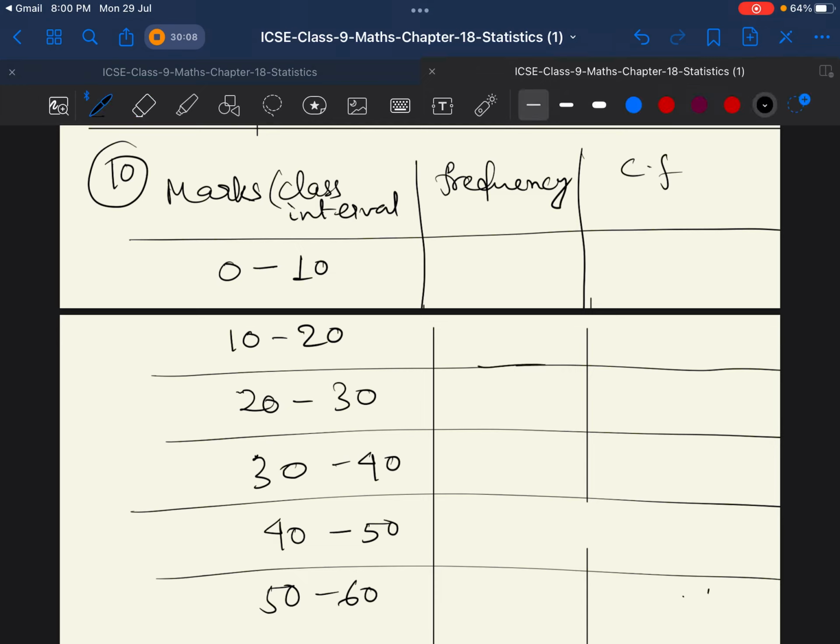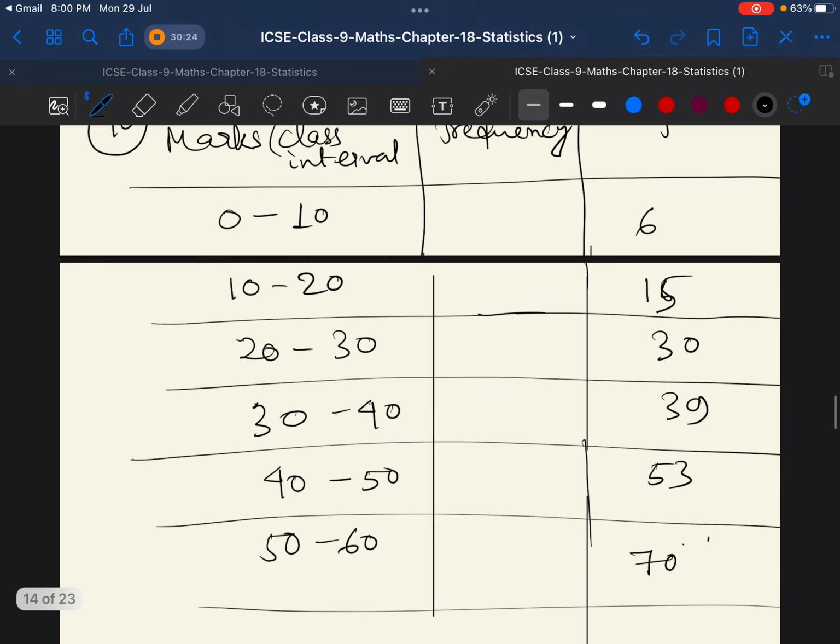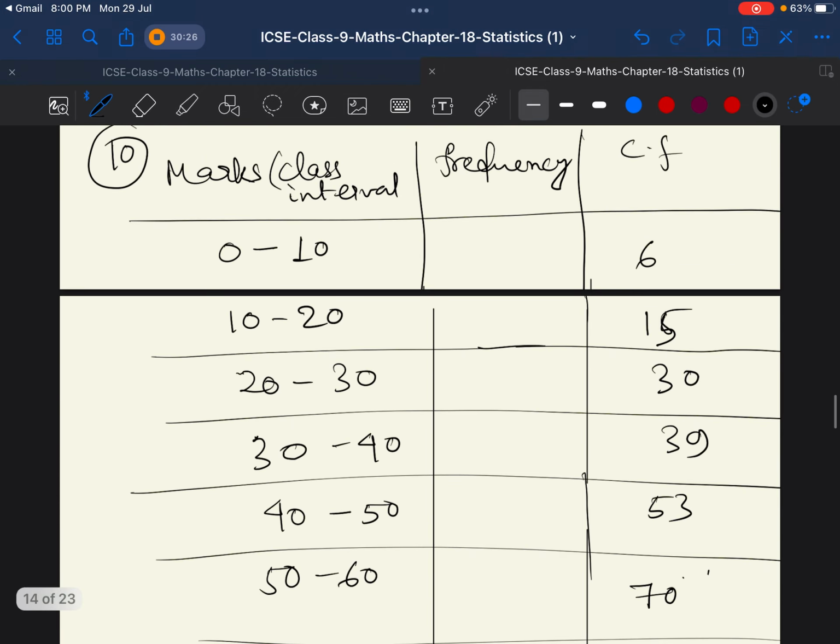So here you see the cumulative frequency is here 6, 15, 30, 39, 53 and 70. So we have to find here the frequency table.